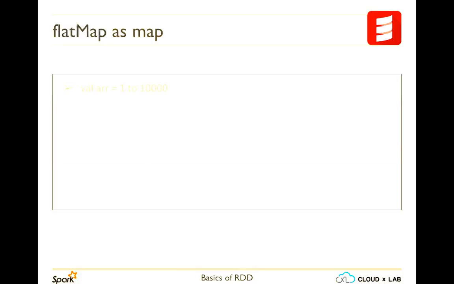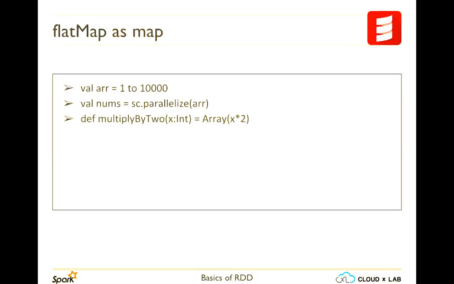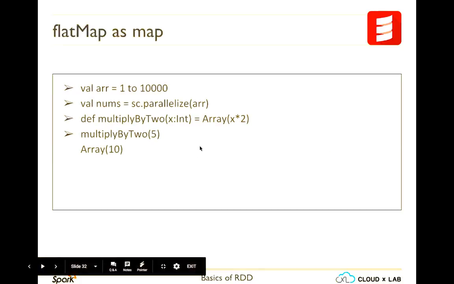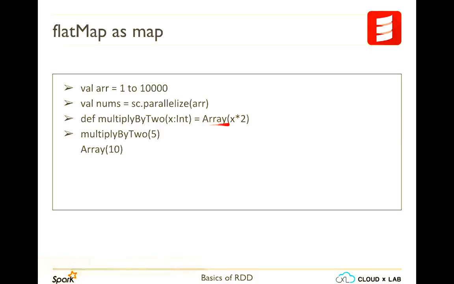All right. So here I'm trying to demonstrate how to use flatMap as map. That should be pretty simple for all of you. Imagine that we have a multiply by 2 function. The only difference is that this function is returning an array of a single element.